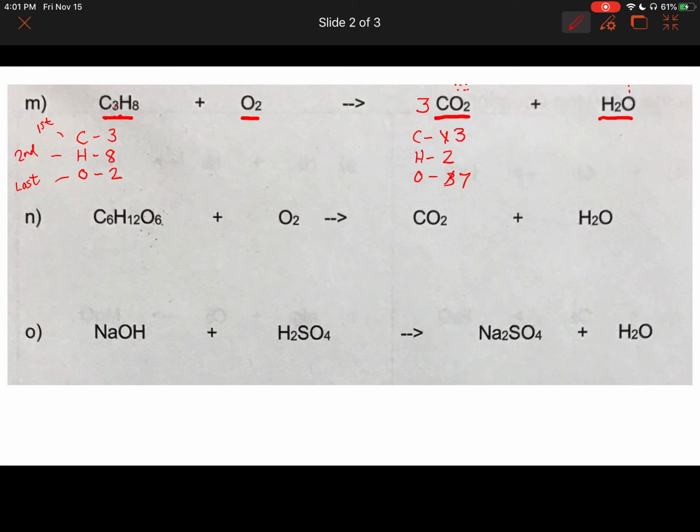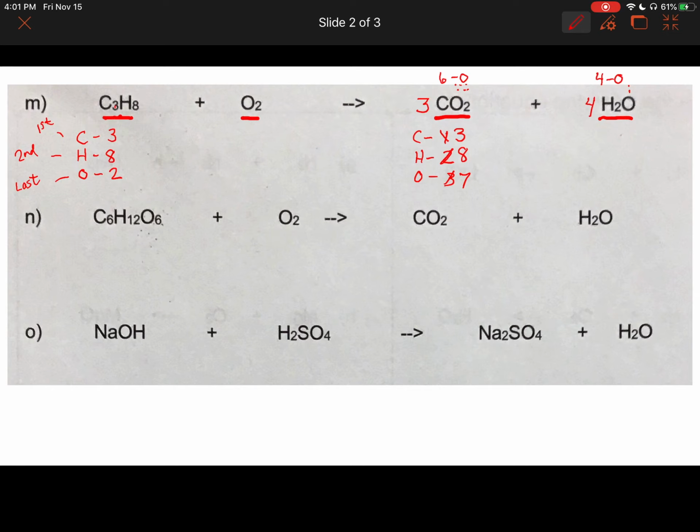All right, now I'm going to deal with my hydrogen next. I have 8 hydrogens on the reactant side, so I will put a 4 right here, and then I will update my atom inventory. Now I have a total of 8 hydrogens, and I have 6 oxygens right here, and now I have 4 oxygens over here.